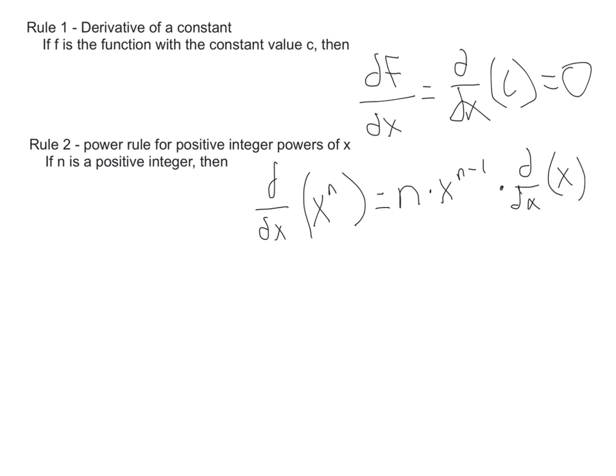This simply says take the power times your base raised to the n minus 1 power. So in this problem we'll take 3 times x to the 3 minus 1 times the derivative of x, which we've already shown you that's always going to be equal to 1. So that gives me 3x squared for my derivative.